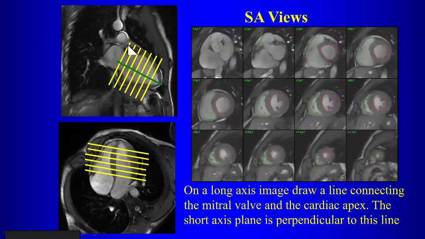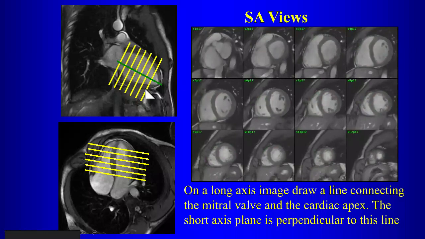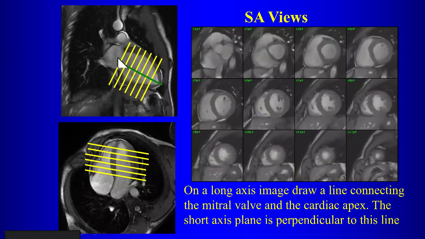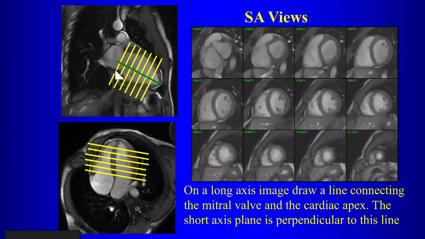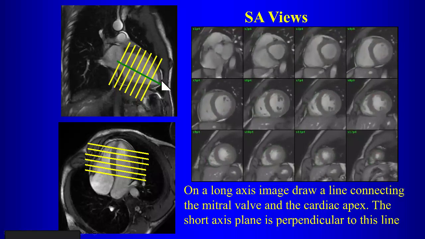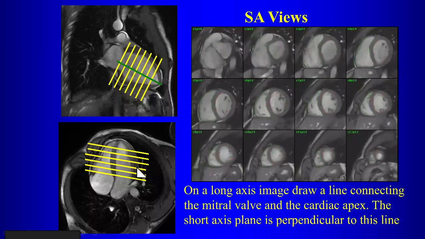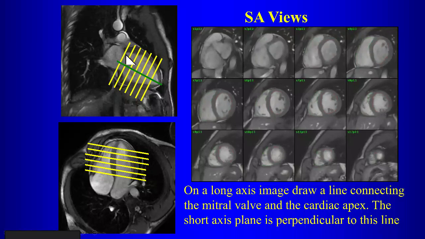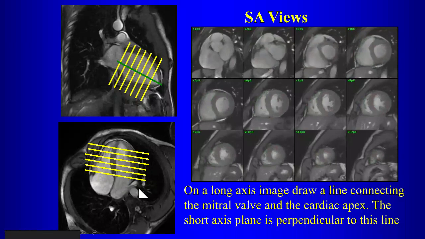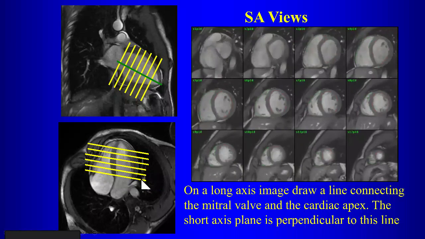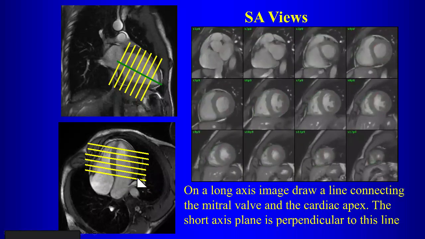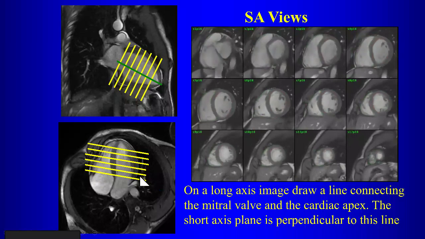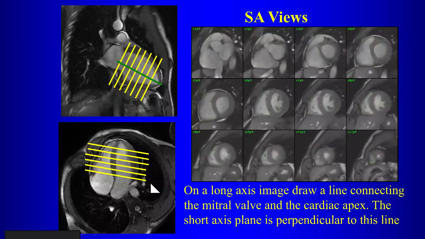So what we will do is line up our axes here so that we're perpendicular to the left ventricle on both the two-chamber view and the four-chamber view. So notice we will go through the mitral valve plane on both views. You try to connect the atrioventricular groove on the left with the atrioventricular groove on the right.